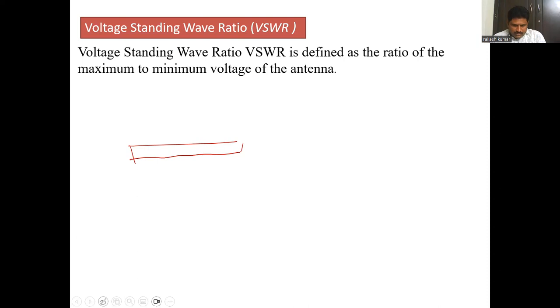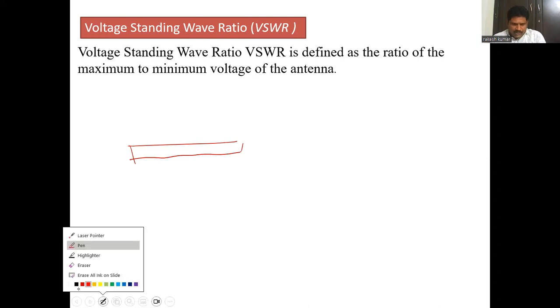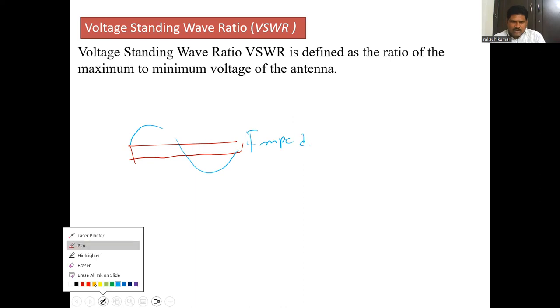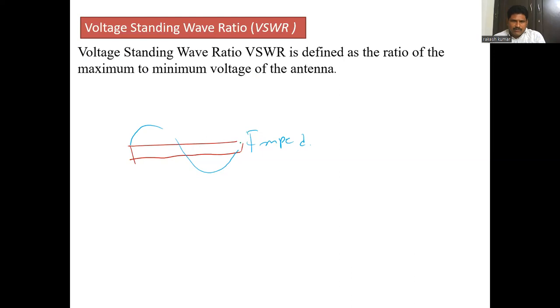Whenever you provide an input, if there is an impedance mismatch, the wave, without propagating, comes back like this. This is nothing but a standing wave.